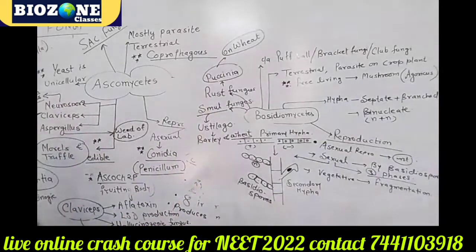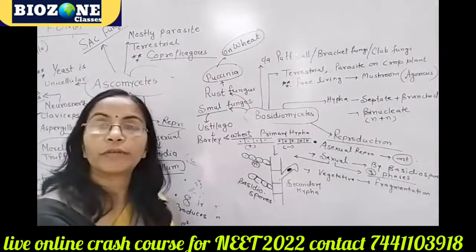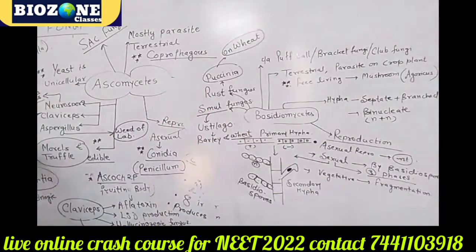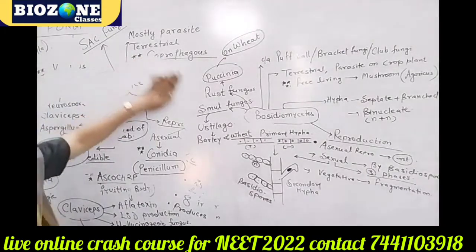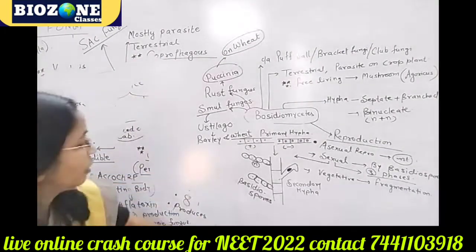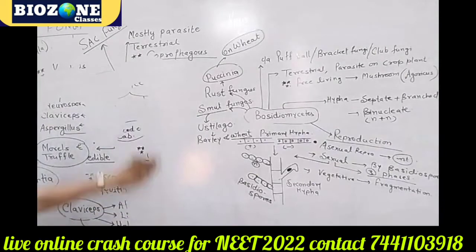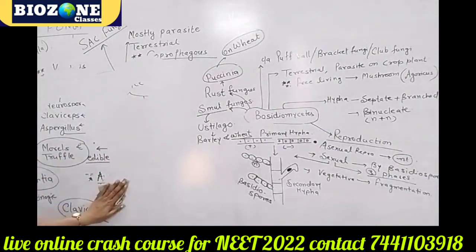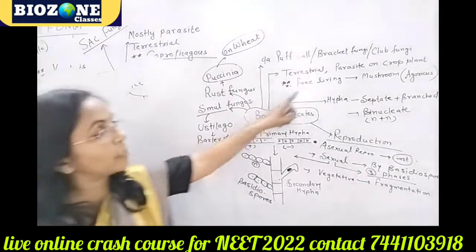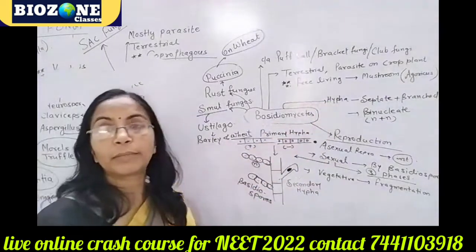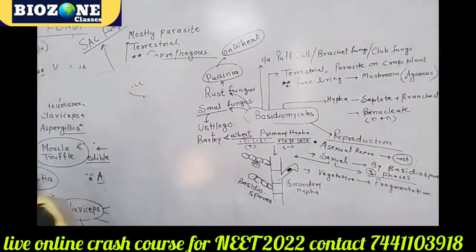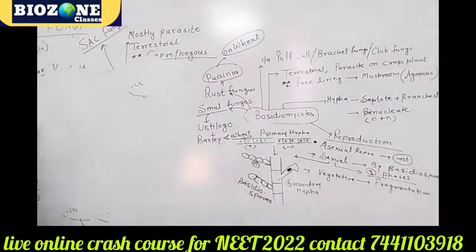Once rust and smut disease are caused in wheat, the entire loss of the crop takes place for the farmer. After these two diseases, mushroom is given as an example. Mushroom we already studied. Mushroom means Agaricus, edible mushroom, and basically they are a rich source of protein. So this much part you remember for basidiomycetes.